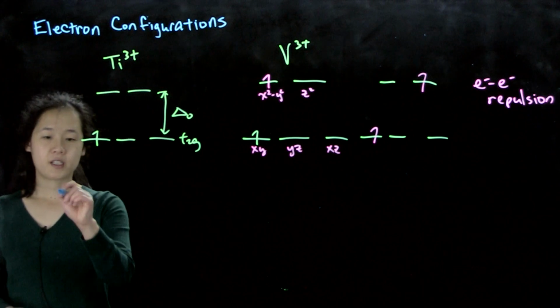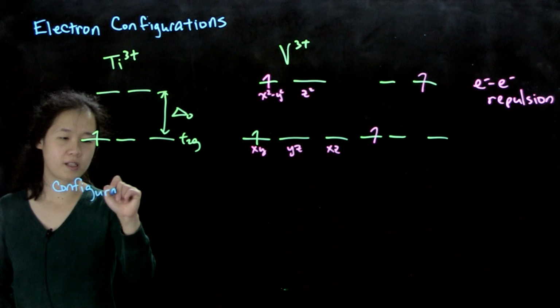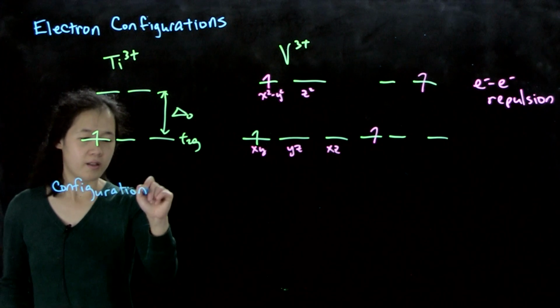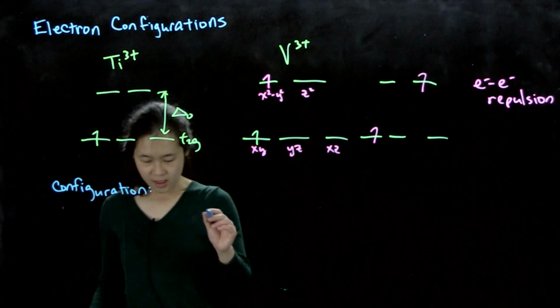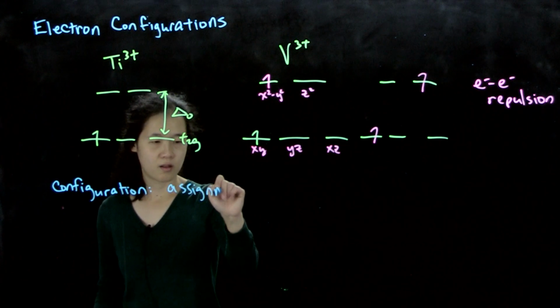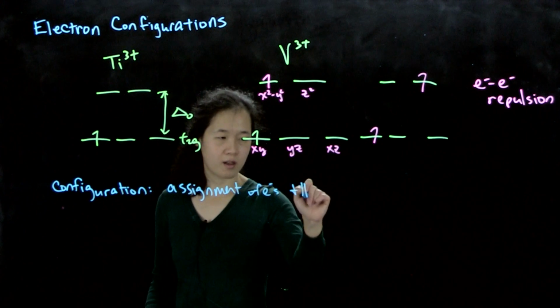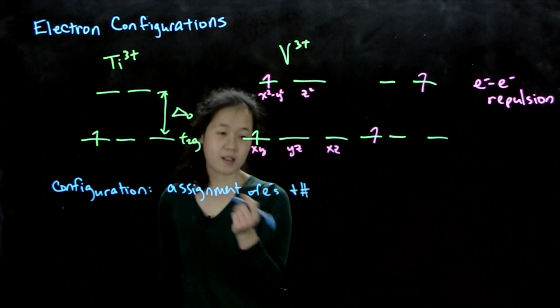So configuration is actually what we're used to. So electron configuration. This has to do with your assignment of electrons, given a number of electrons.